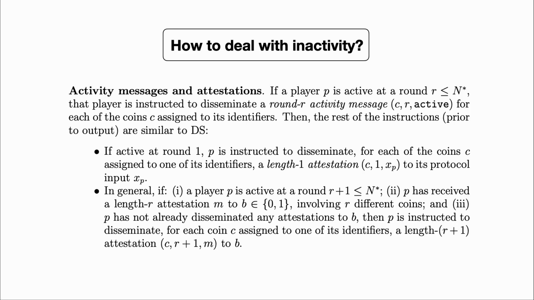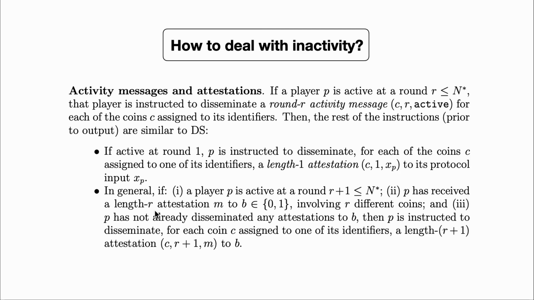And in general, if a player P is active at round r plus 1, and if P has received a length r attestation, M say, to some value b in {0, 1}, involving r different coins, and if P has not already disseminated any attestations to b, then P is instructed to disseminate, for each coin C assigned to one of its identifiers, a length r plus 1 attestation (C, r+1, M, b).